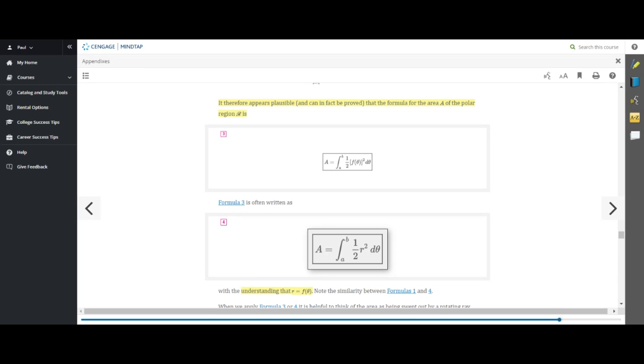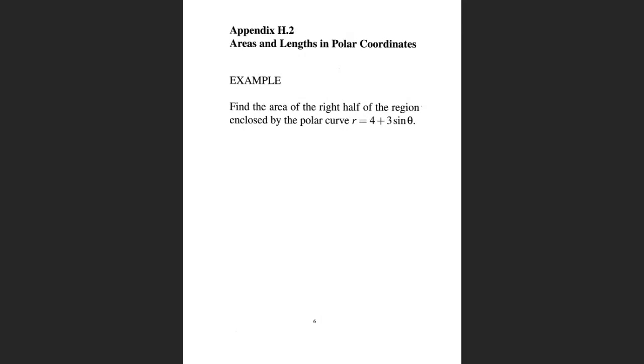Let me just see here, class. Yeah, let's do this example. And then we'll take a break after this example, but let's get this one in. Okay, let me give you a moment to copy this example down.